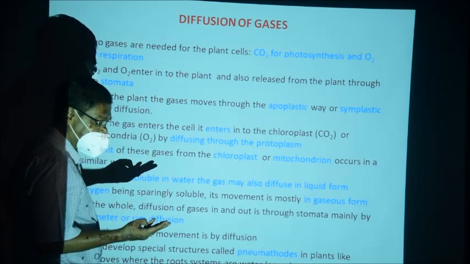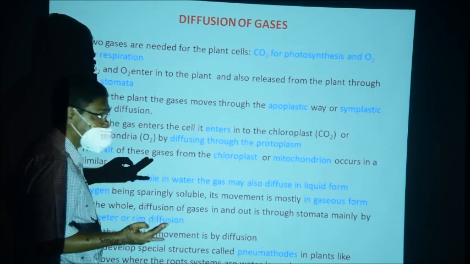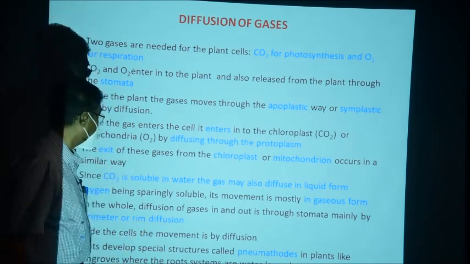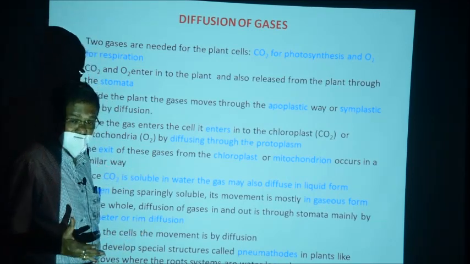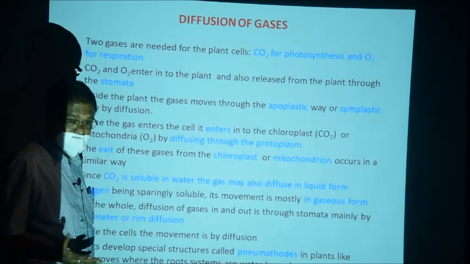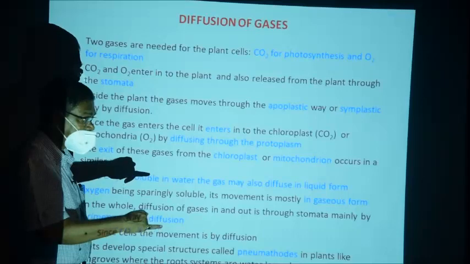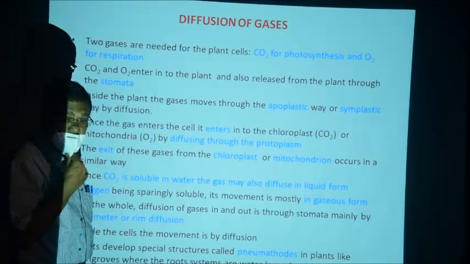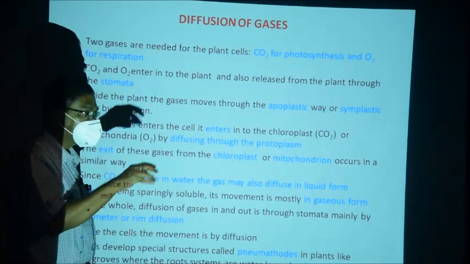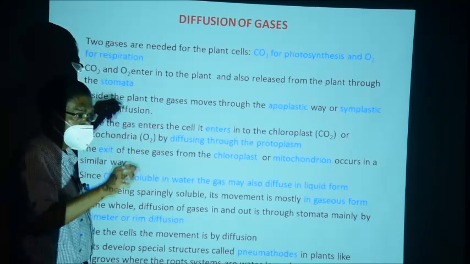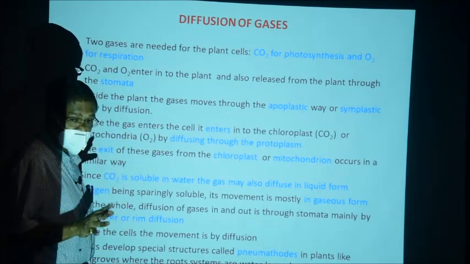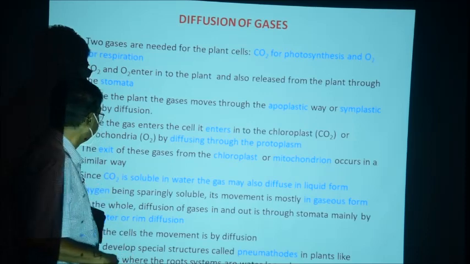Carbon dioxide is needed for photosynthesis and oxygen is needed for respiration. Now where do we get our carbon dioxide and oxygen from? It is from the atmosphere. Now it enters into the plant and goes out through the stomata, because stomata are the only openings. Now we are talking about land plants. Water plants are different.